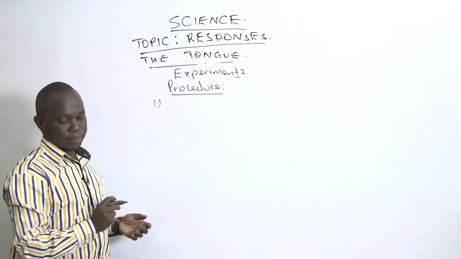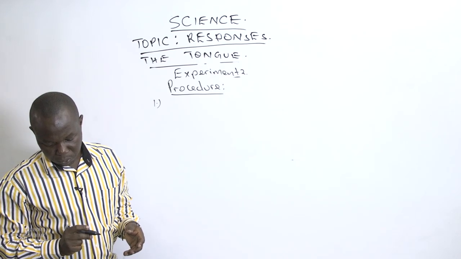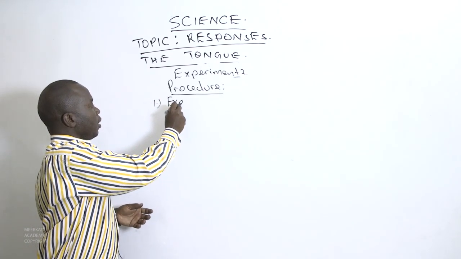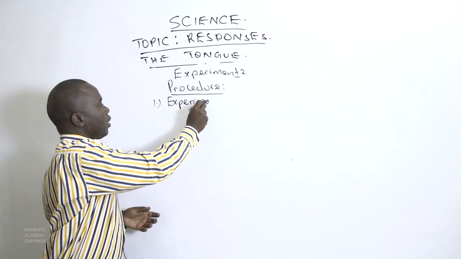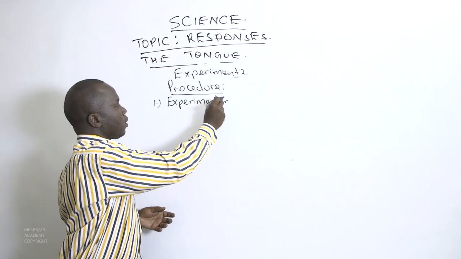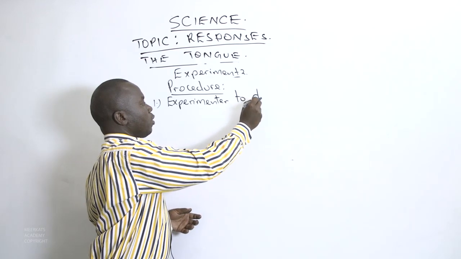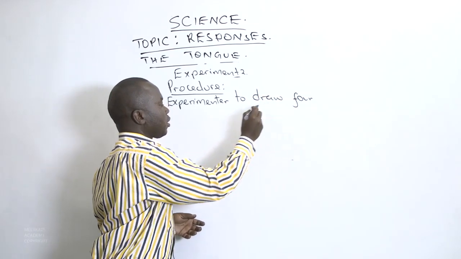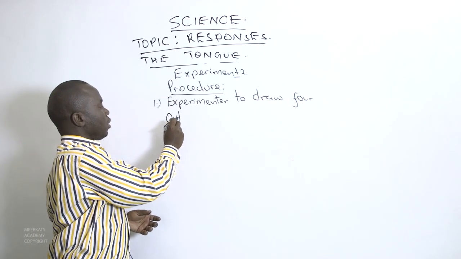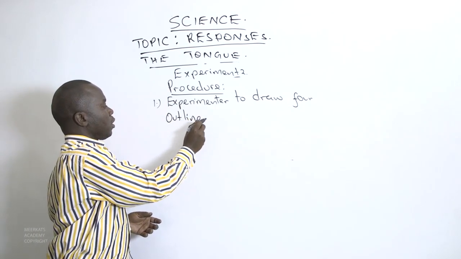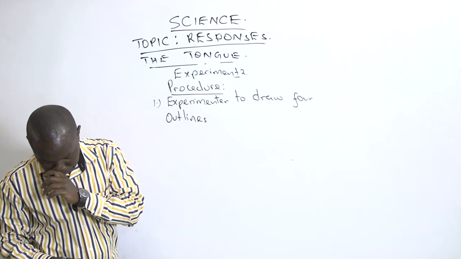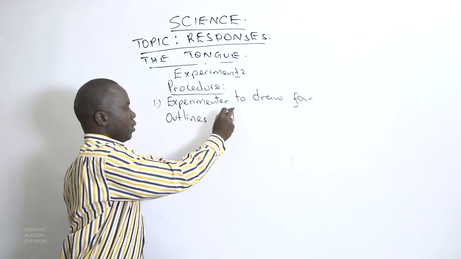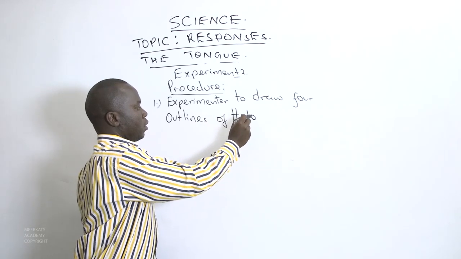So the first one, the experimenter is to draw 4 outlines of the tongue.